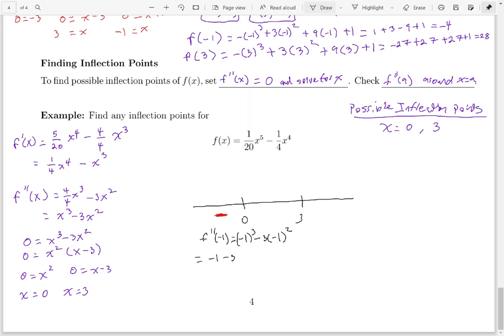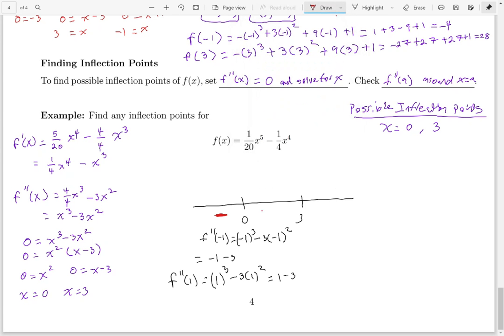Now let's plug in another value, but this time let's pick something between 0 and 3. So how about we plug in 1? What's f double prime of 1? Well, f double prime of 1 is 1 cubed minus 3 times 1 squared, but that's just going to be 1 minus 3, which is -2.